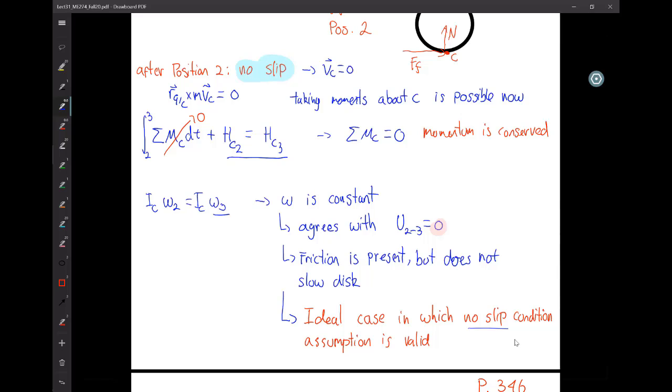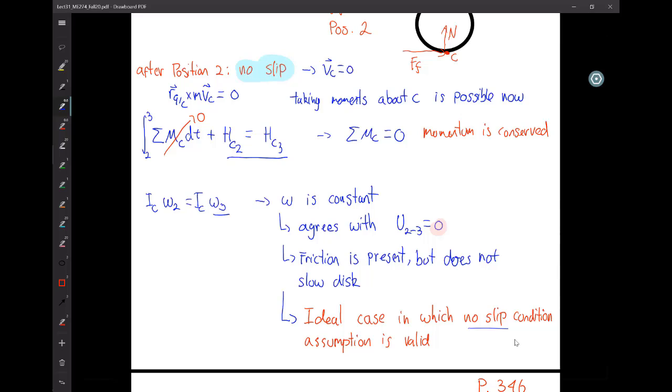So this is a demonstration of how to calculate linear momentum for rigid bodies, angular momentum for rigid bodies, and the implications of the models that we use, and how they are connected and consistent with the models that we're using in this class with respect to work, energy, and the fact that if the momentum is conserved, then this disk is going to still rotate at a constant speed.